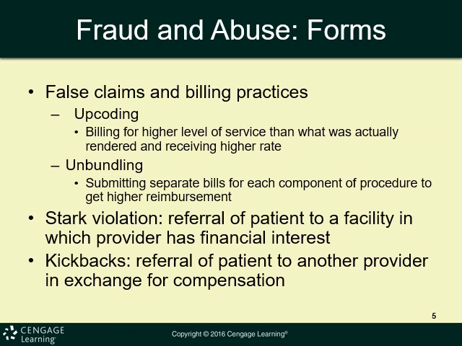Upcoding involves submitting a bill for a higher level of reimbursement than actually rendered in order to receive a higher reimbursement rate. Unbundling involves submitting separate bills for each component of a procedure instead of using the proper procedural code for the entire procedure, resulting in a higher reimbursement rate to the provider.